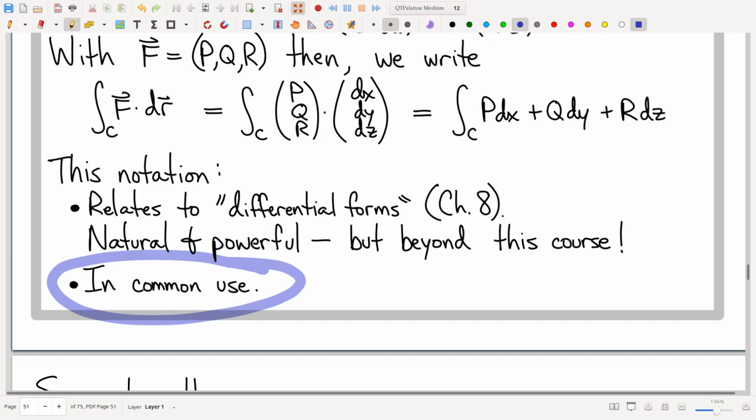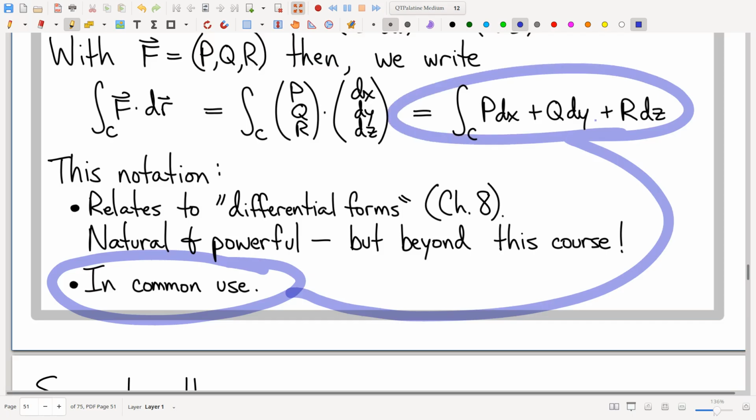And so when you see this notation, what I would encourage you to do is to say, all right, look, these integrands here, the integrand for the dx, the dy, and the dz integral, those are just telling me what the vector field is for what is in fact a vector line integral.